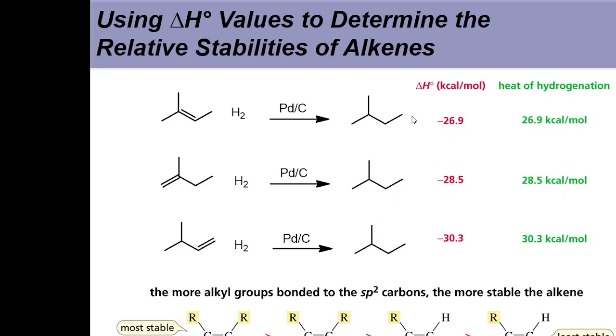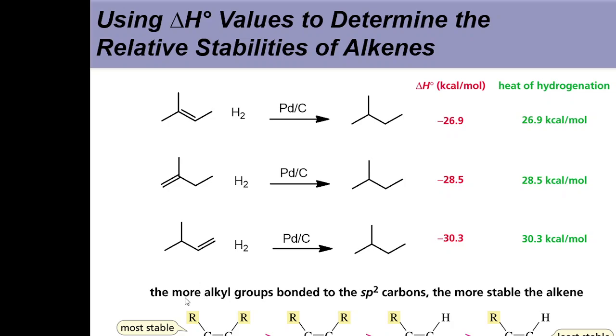If we measure the enthalpy change of this reaction, you will find that going from different alkenes to the same product, we release different amounts of heat. For example, coming from the bottom one, we release the most heat compared to the ones at the top, which means the one at the bottom has relatively higher energy than the ones on top. Higher energy basically means lower stability. Using this method, we can determine the relative stability of alkenes, or double bonds.